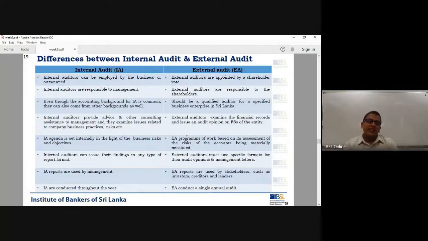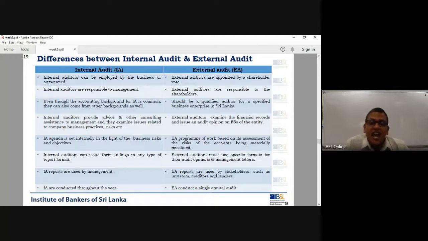The external auditors don't give advice. What they do is examine the financial records and issue the audit opinion on the financial statements of the entity. That is their job.